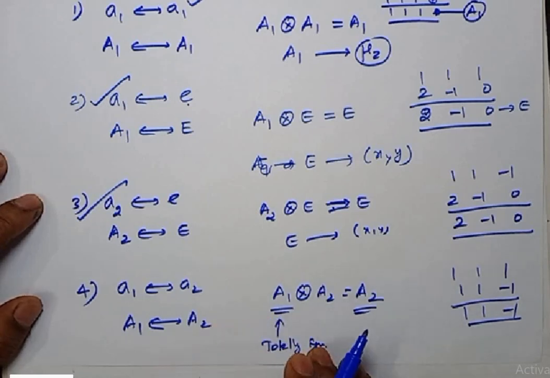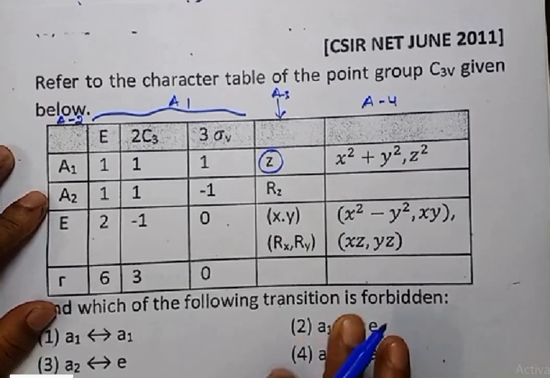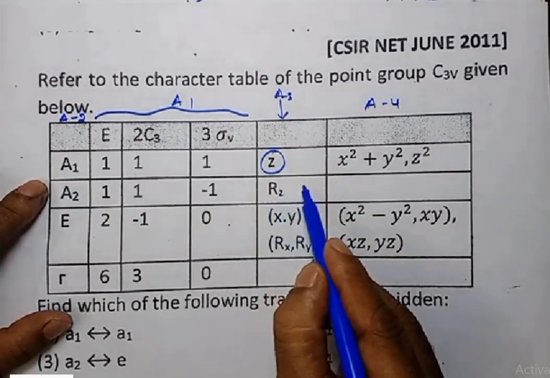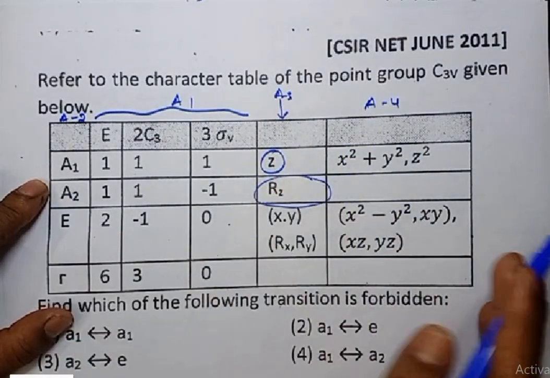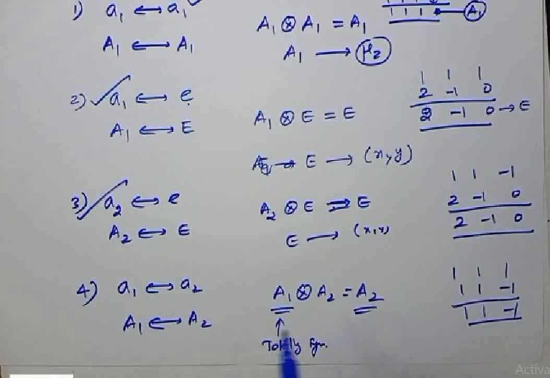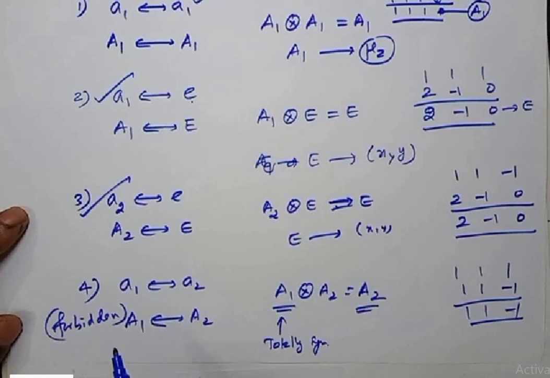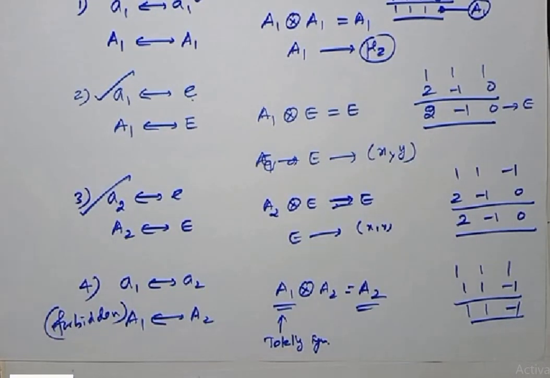Now, you see the character table. Along A2, is there any X, Y, Z? Don't see Rx, Ry, Rz, just see X, Y, Z. So, in the character table under area 3, there is no X, there is no Y, there is no Z. Which means the A1 to A2 transition is forbidden, symmetrically forbidden, or electric dipole forbidden. I repeat, this transition is electric dipole forbidden.